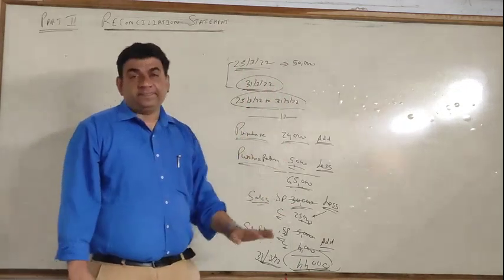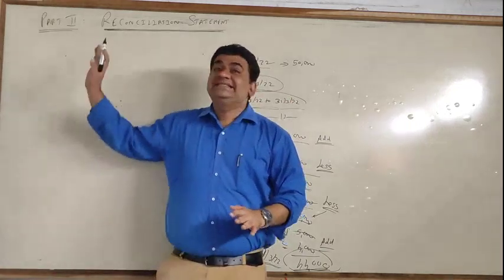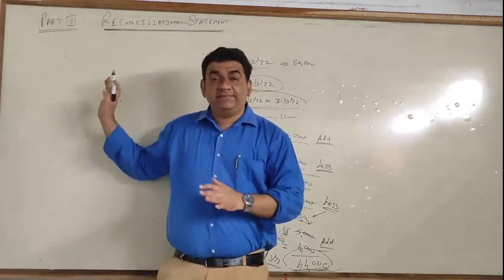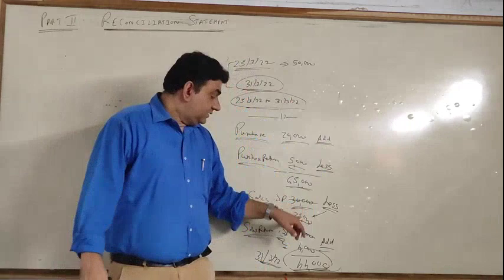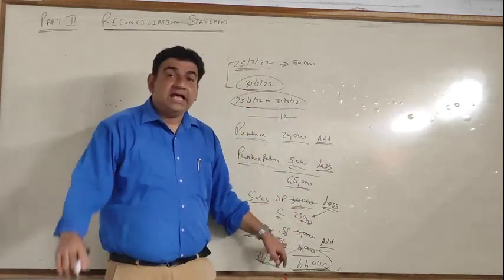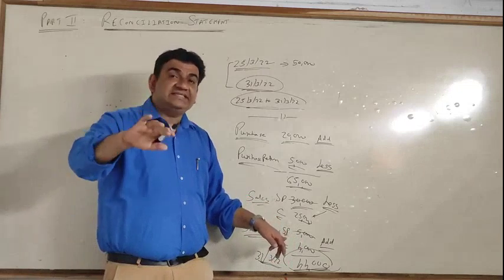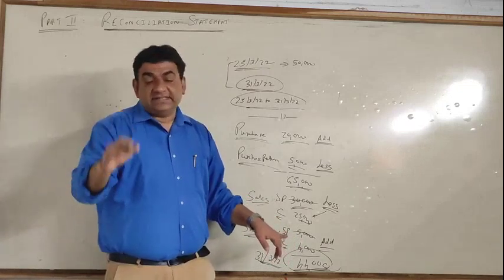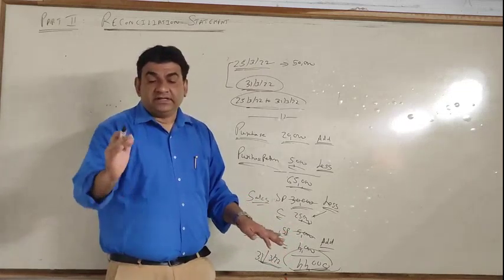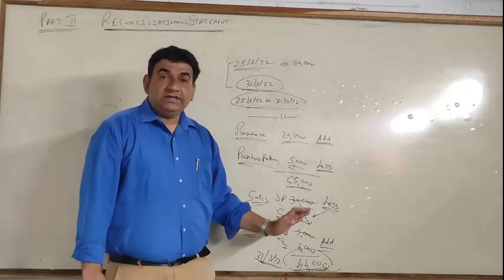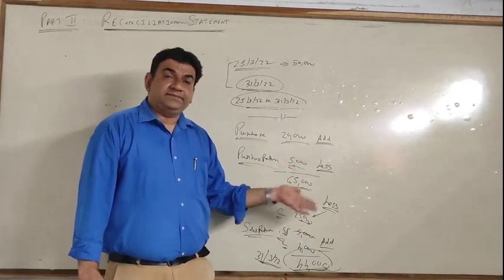The same thing we will have to present systematically in a table, and we have to see how we arrive at the figure of cost of sales and sales return. That we will now study. Now what I have explained right now is before date.